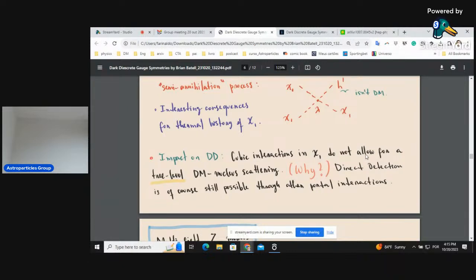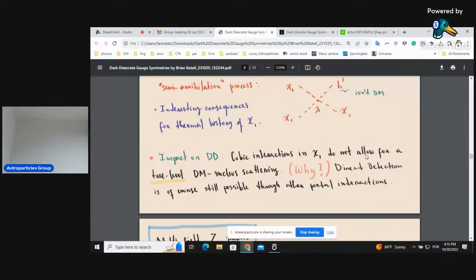I know, but the bound you have to place on the lifetime would mean there is no scattering at all. Yes. For this particle to be stable, because if you remember, when you compute the decay rate, the lifetime is proportional to the mass of the mother particle, either squared or to the third power, depending on whether it is a fermion, vector, or scalar, but it's always proportional to the mass.